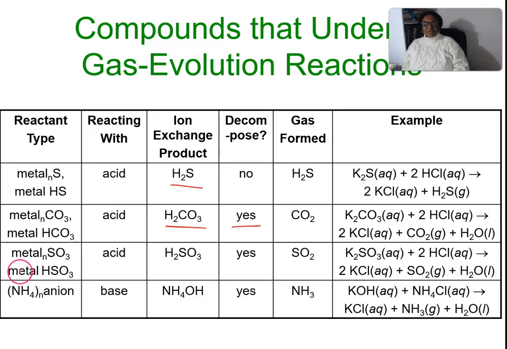Metal sulfite or metal hydrogen sulfite react with acid to produce this, which decomposes to produce sulfur dioxide gas. Then ammonium and anion react with base to produce ammonium hydroxide, which decomposes to produce ammonia gas. You can see examples of some of the reactions here. So take a look at them.